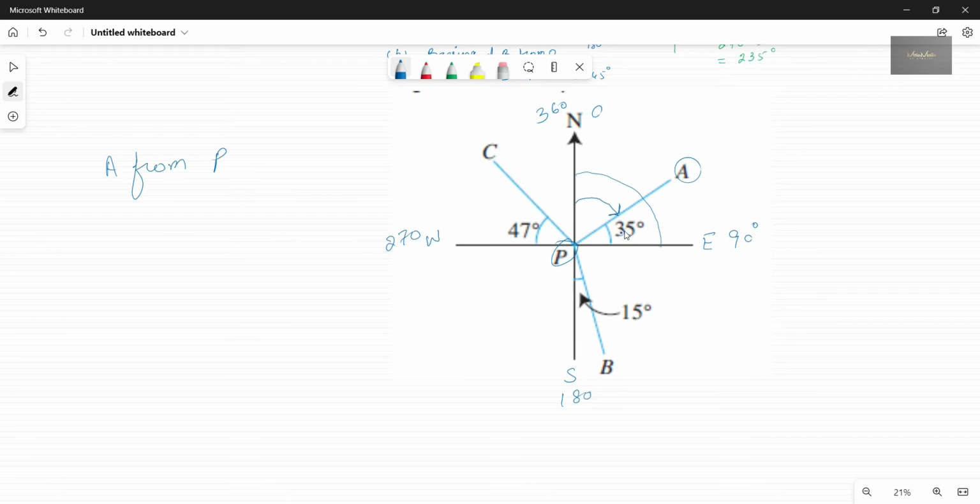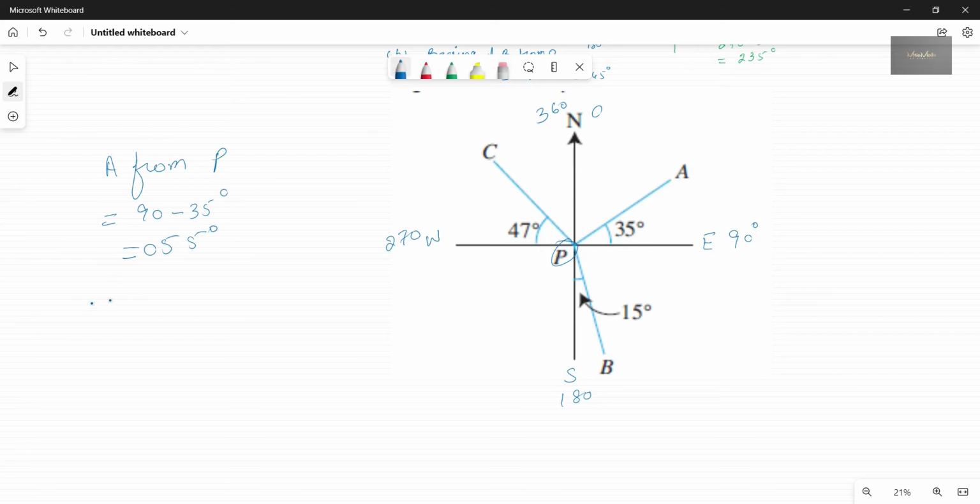But I am subtracting 35 because my line is going in this direction, right? So the answer is 90 minus 35, so answer would be 55 degree. Again it is in 2 digits, so you will make it in 3 digits, right? And this is in degree. So erasing all these extra drawings because we have found the angle, right?